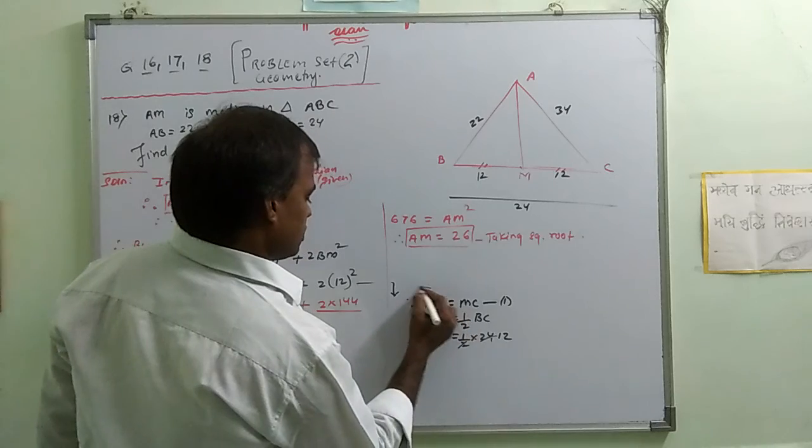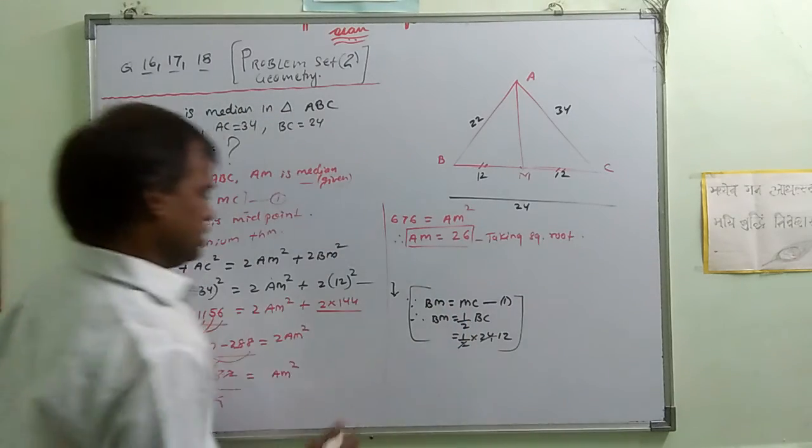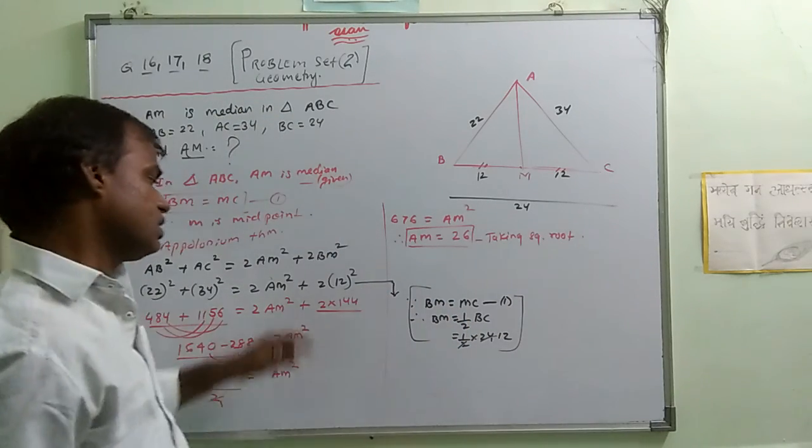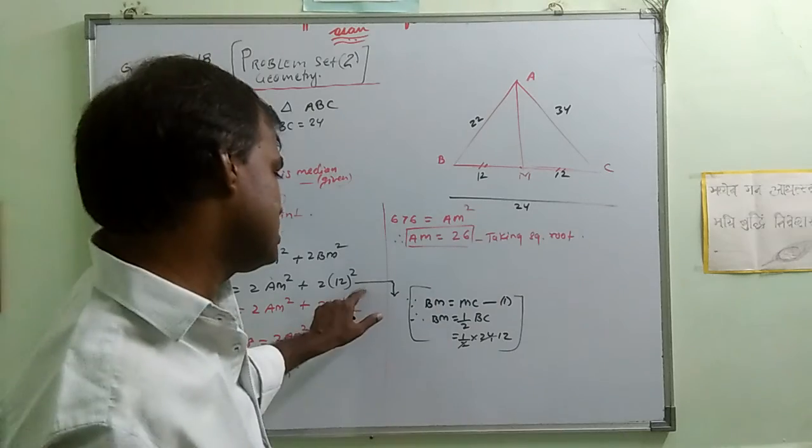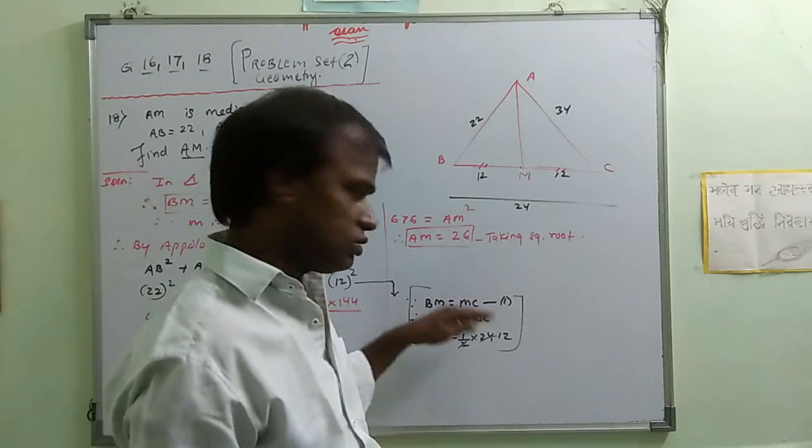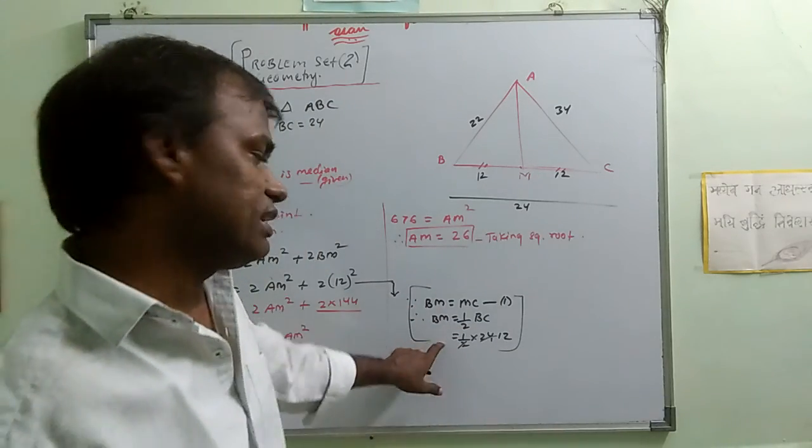So we get 12. You have to mention this. Either you can take a step and solve, or you can write in the reason like this.